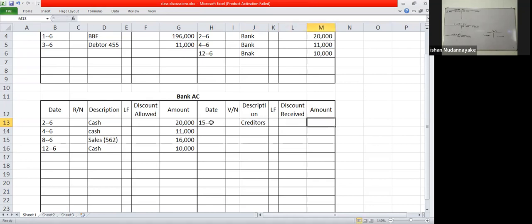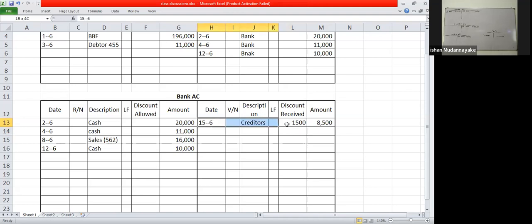How much? The value of the check is 8,500. The discount received amount is 1,500. So bank account credit 8,500, and in the discount received column you need to record the discount received amount, 1,500.